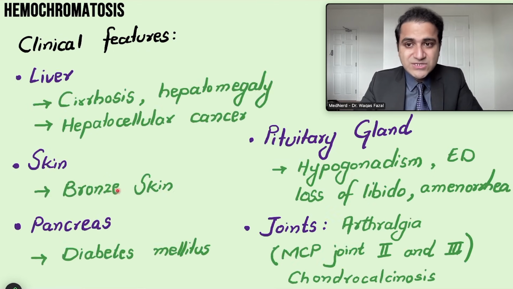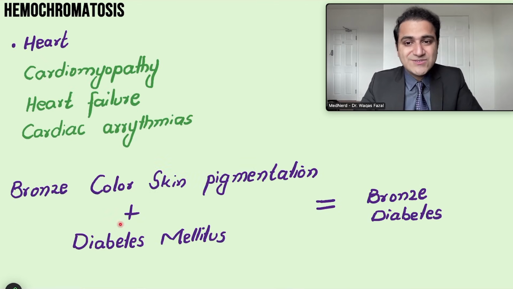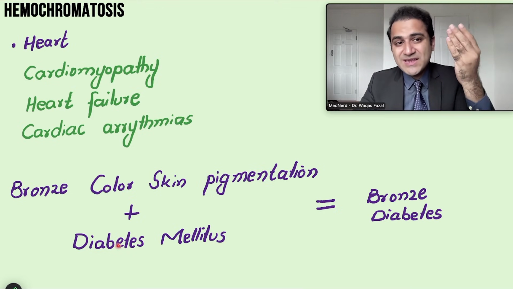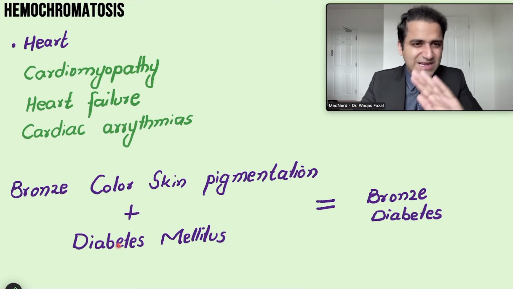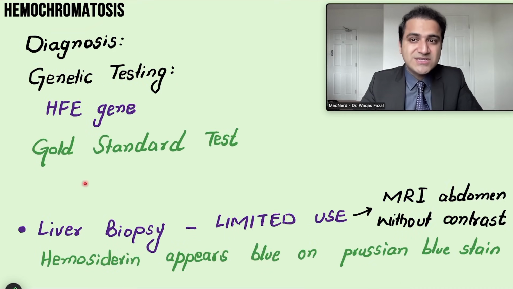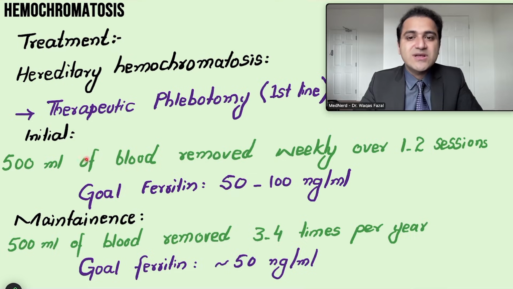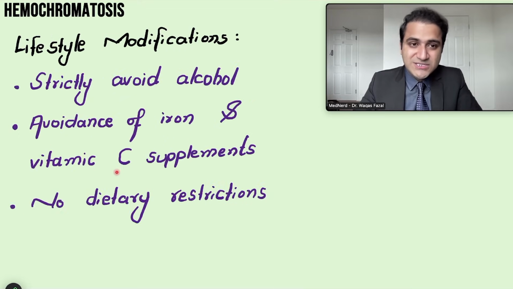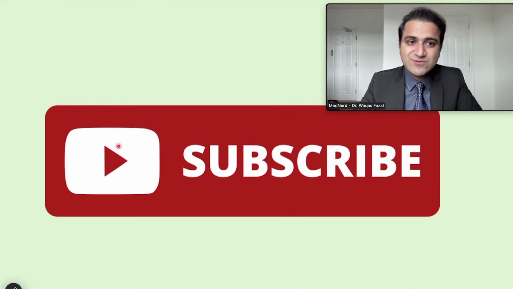The clinical features, how it affects various organs: bronze skin, diabetes, newly diagnosed diabetic with bronze skin, elevated LFTs, pain in the second and third metacarpophalangeal joints, classical features of hemochromatosis. Iron studies are done, genetic testing is the gold standard, therapeutic phlebotomy is first line in hereditary hemochromatosis, and iron chelation therapy is first line in patients with secondary hemochromatosis. Liver transplant is the treatment for advanced disease. What are the lifestyle modifications?